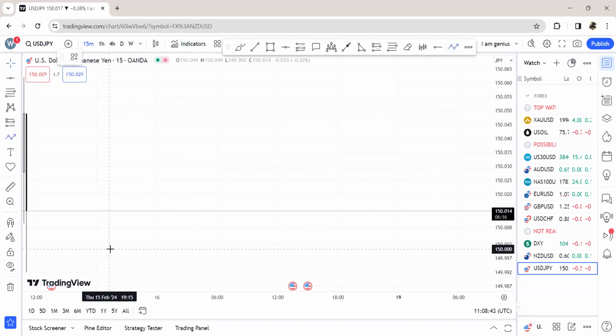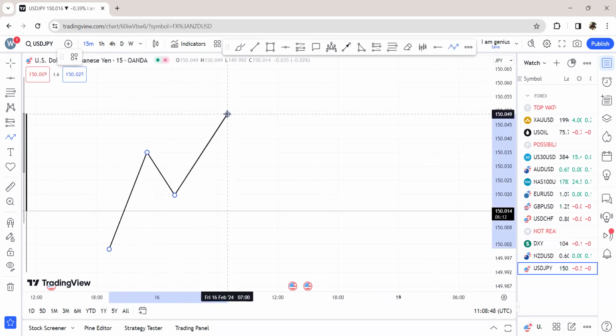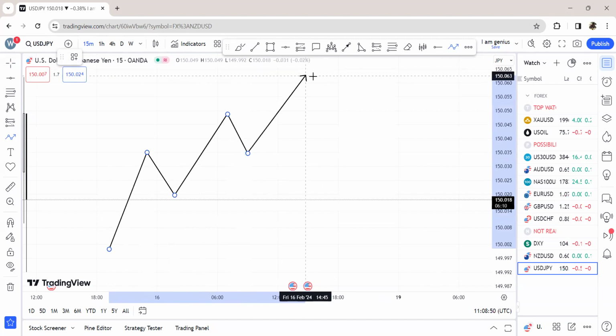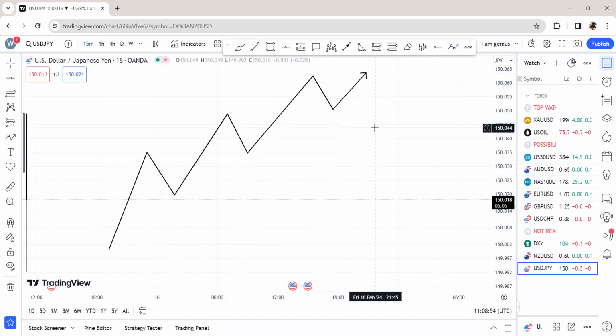Now, here's what I mean. You have an uptrend. By just looking, you can already tell how strong the trend is. You can tell by, one, momentum candles.